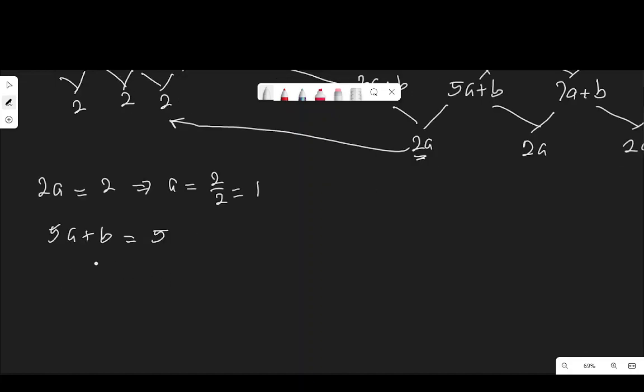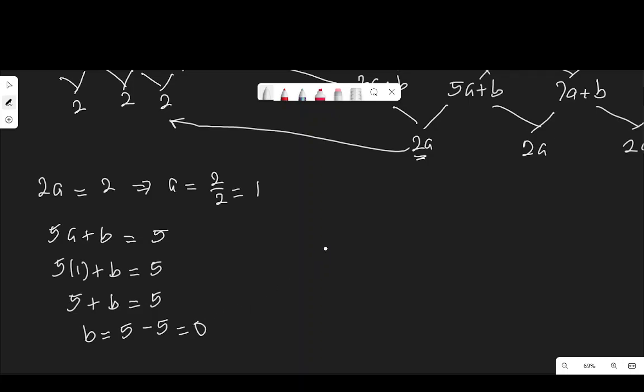Now solving for b, we know that a is 1. That is 5 times 1 plus b equal to 5. 5 times 1 is of course 5, plus b equal to 5. That means b is equal to 5 minus 5, which is 0.